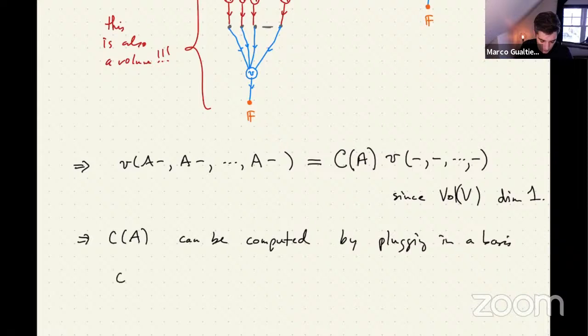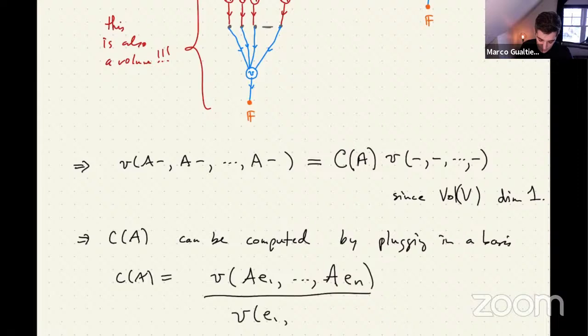In other words, C of A is just the volume divided by the volume like this.